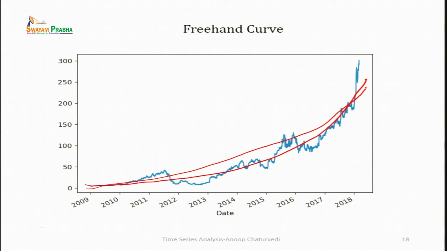So, different people select different curves. So, this method is quite subjective in this sense. This is a strong demerit of this method, and for forecasting purpose you have to extend this curve beyond the range, but again these forecasts will be subjective. So, this method is not very efficient for making the forecast.